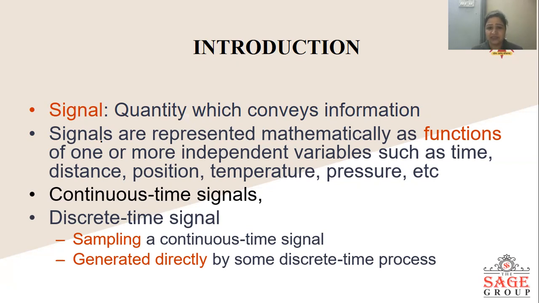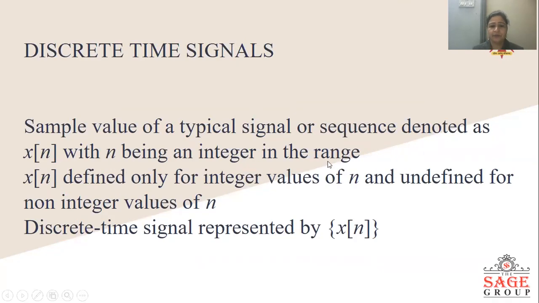So we will consider here the signal which is in the form of the temperature of the day, which will be discrete in nature. Here each data point has an interval of 1 hour between them. Now, in our syllabus, we have discrete time signals, so we will do discrete time signals in detail.